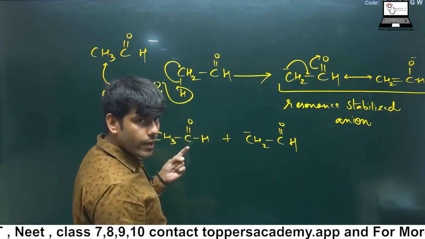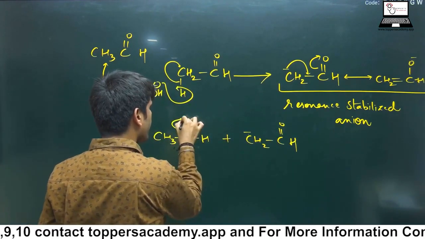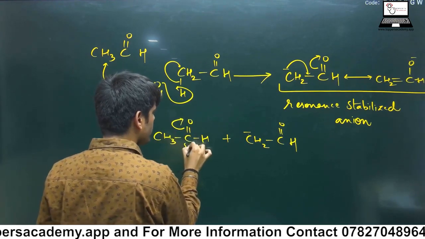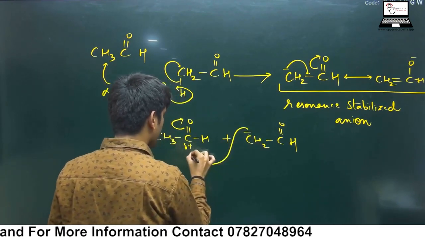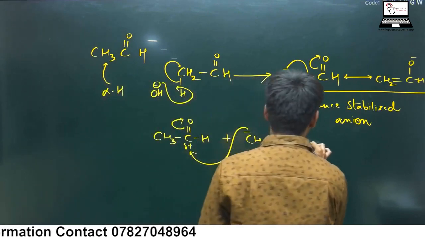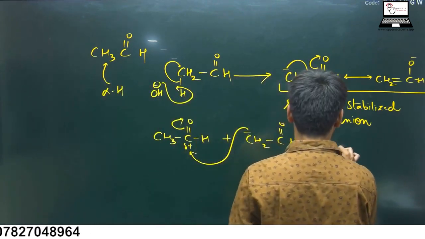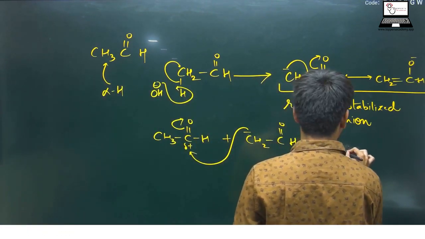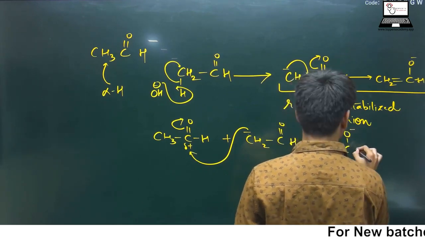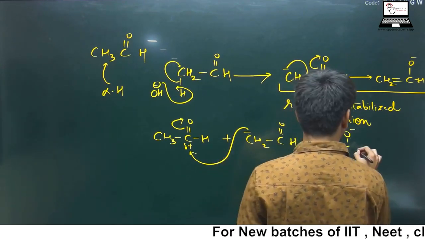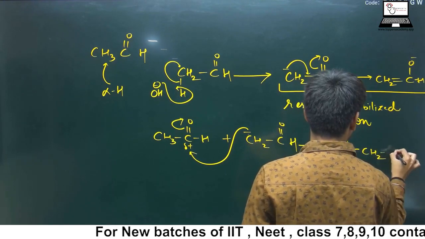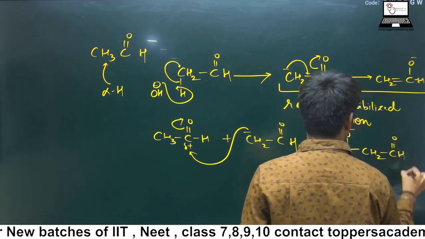You know that this is your electrophilic carbon. This bond breaks like this. So I have a partial positive over here. This will attack on this electrophilic carbon. And what do I have? O minus, I have H, and this is CH2 and C double bond H.